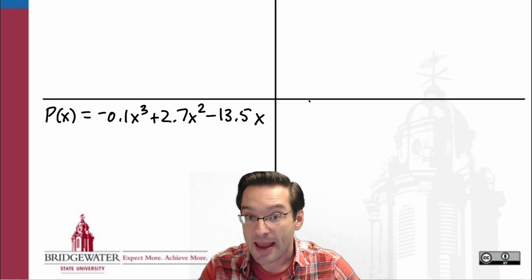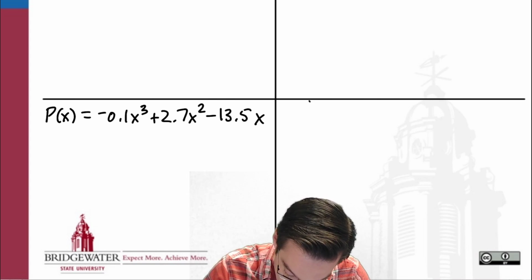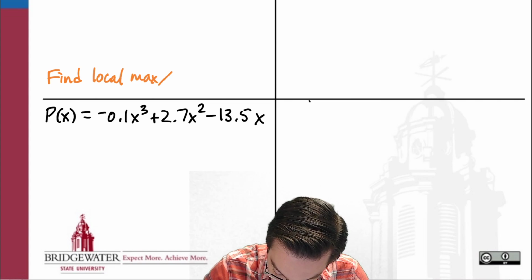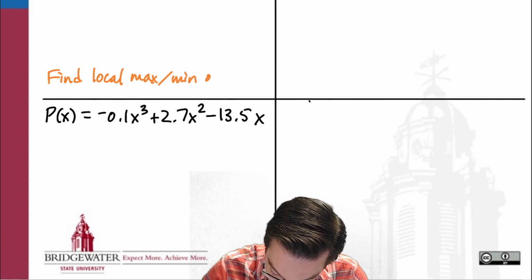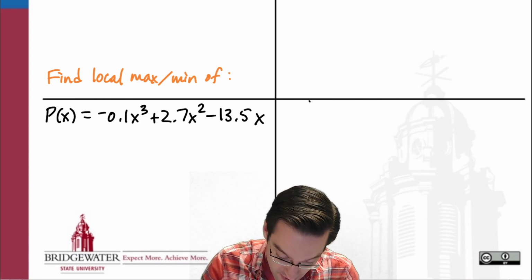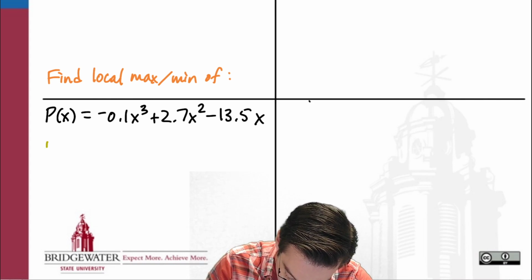So just to keep track algebraically with what we're doing, if the question that we're asking is to find all of the local max and min points of my profit function, p of x, then what this process so far tells me is that I would have first found the derivative, my marginal profit function.